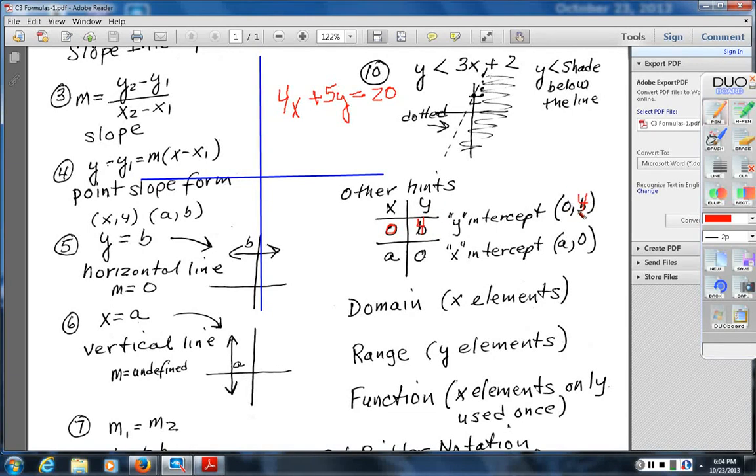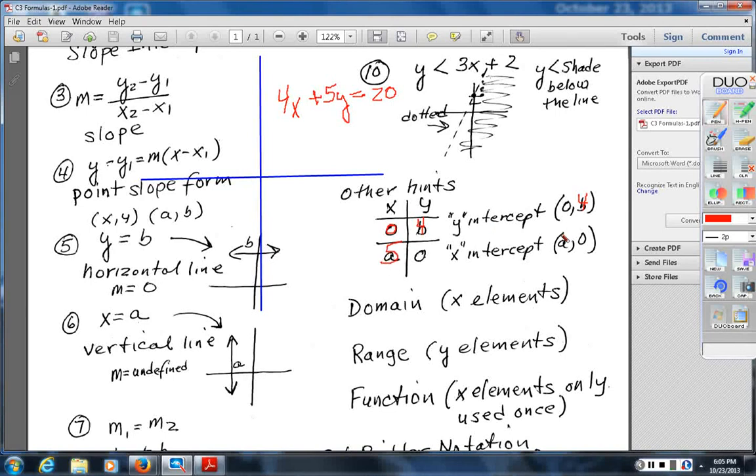This, by the way, is the official way to write the y-intercept. And then now if y is 0, that y is a 0, 5 times 0 is 0. So we have 4x equals 20. Divide both sides by 4, we get x equals 5.